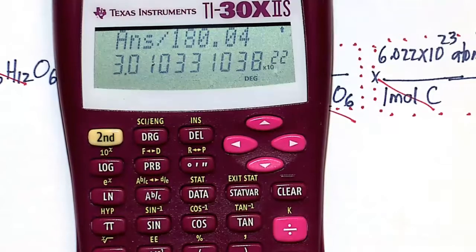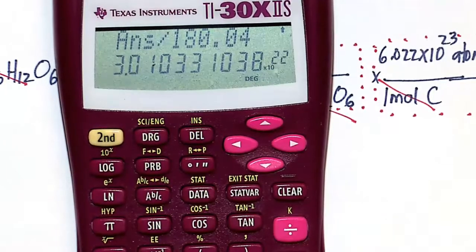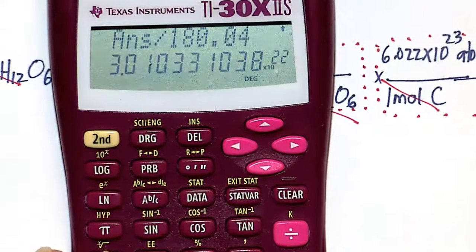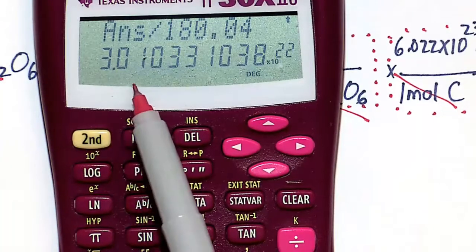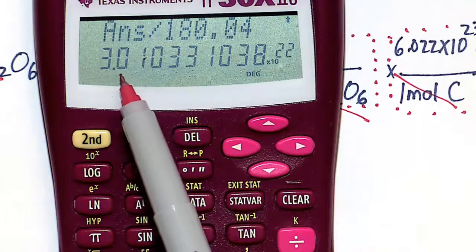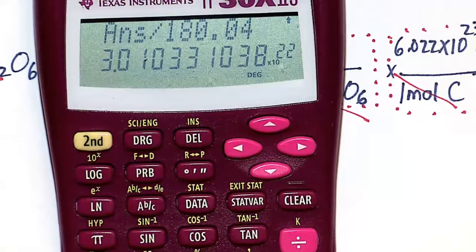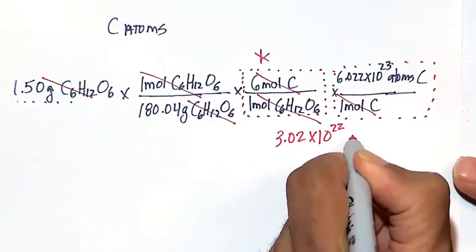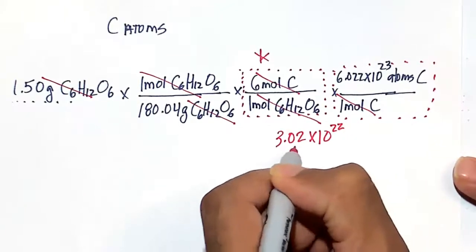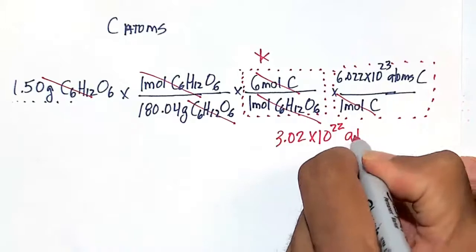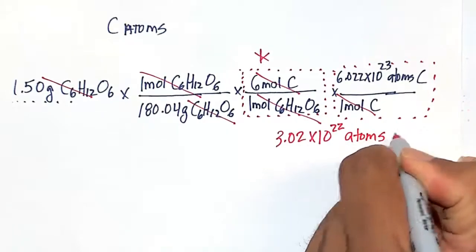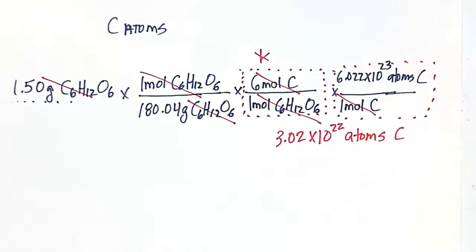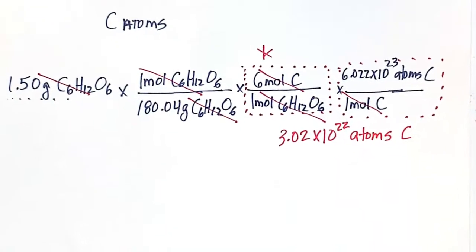Units canceling out, in 1.5 grams of glucose we have this many atoms. It's a big number, as to be expected: 3.01 times 10 to the 22 atoms of carbon, in 3 sig figs. So about 3.01 times 10 to the 22 atoms of carbon are in 1.5 grams of glucose.